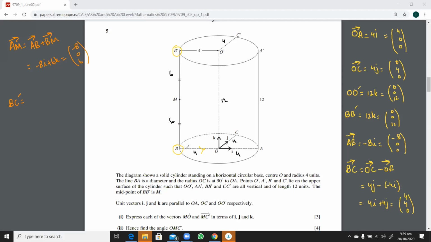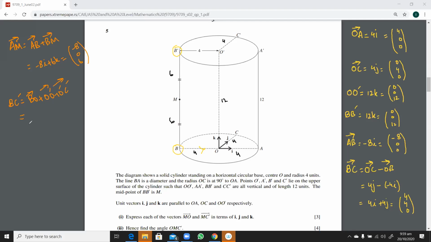You went from B to O, then from O to O dash, and then from O dash to C dash. That is how you went.